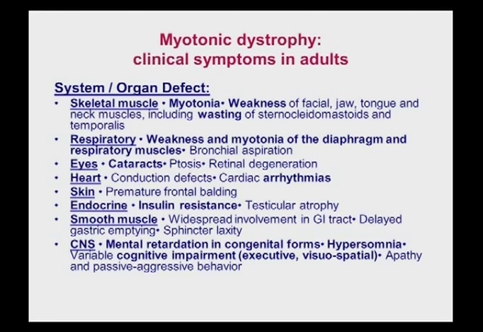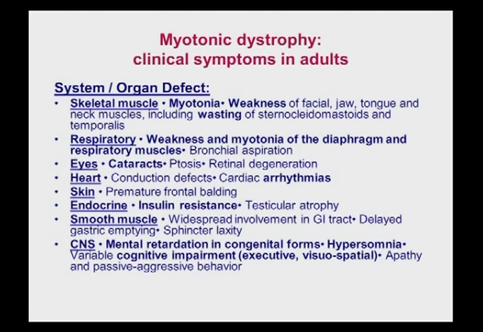They frequently have premature frontal balding, which can sometimes give them a facial appearance that you can recognize quite readily. In addition, they also have insulin resistance, so type 2 diabetes is very common in these patients, and the males can have testicular atrophy, particularly the more severely affected. Smooth muscle doesn't escape the disease. It does affect the GI tract, and there can be problems with gut motility and sphincter laxity.